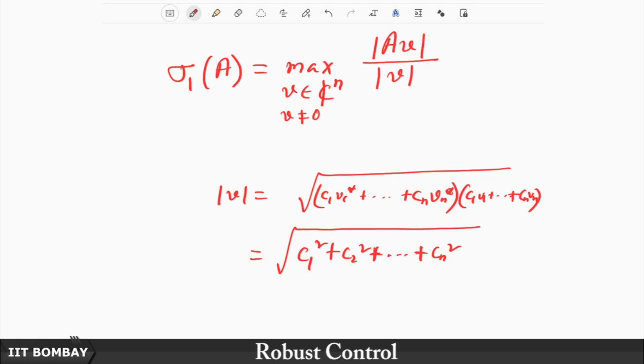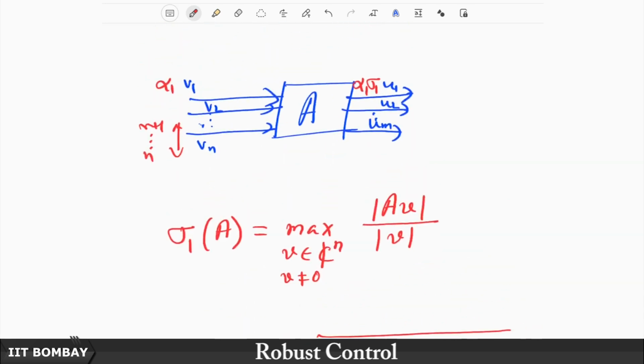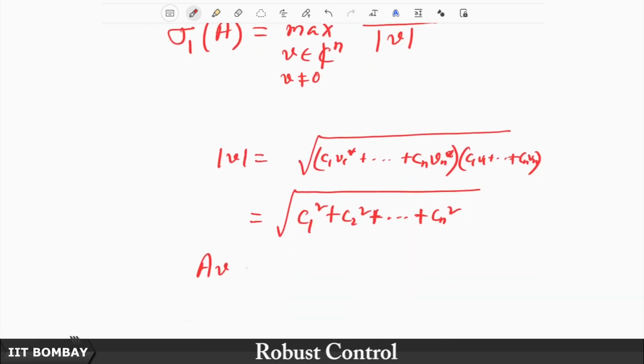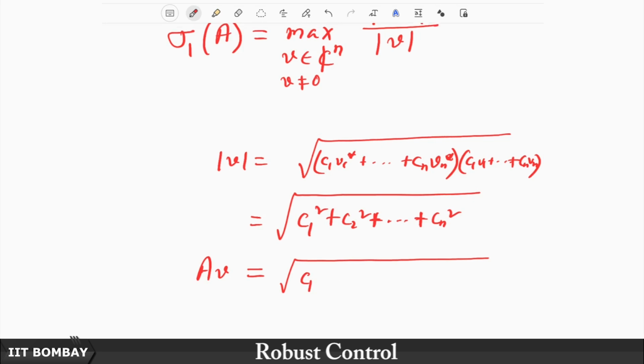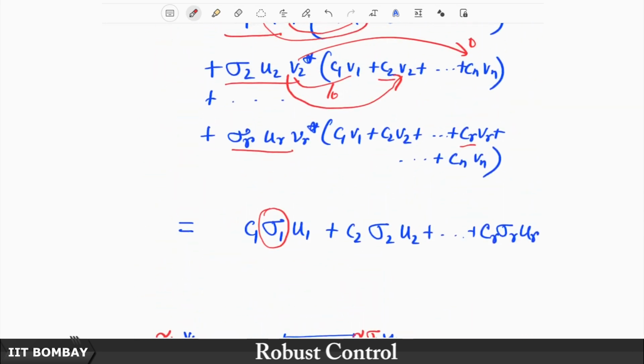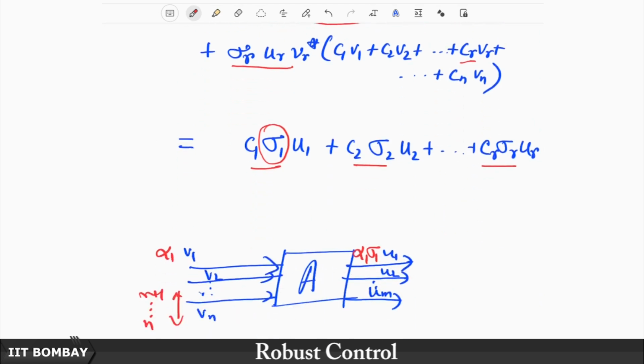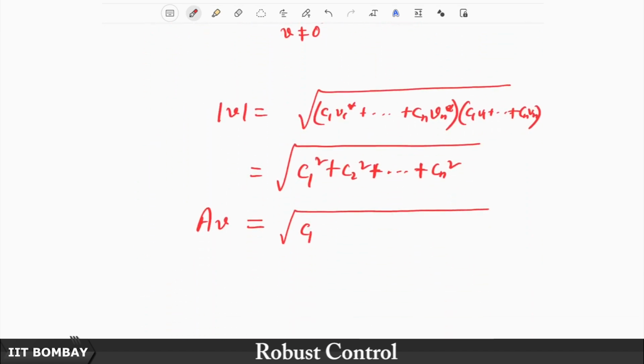And now we are asking, what is the norm of AV? After all, we also know what AV is going to be. AV is going to have only the first R components. Look at what AV looks like, it had only R components. Again U1 through UR is an orthonormal set. So this is C1 squared sigma 1 squared plus dot dot dot till CR squared sigma R squared.